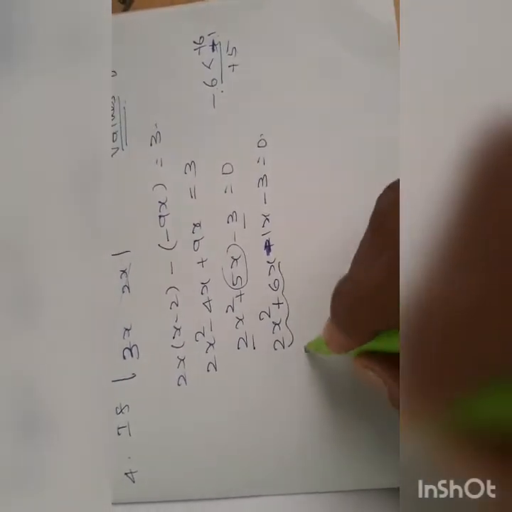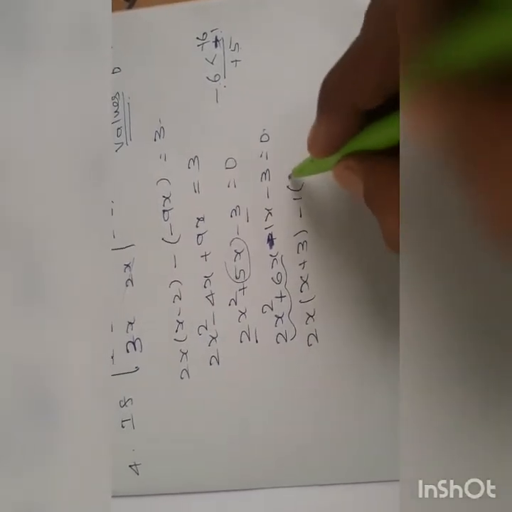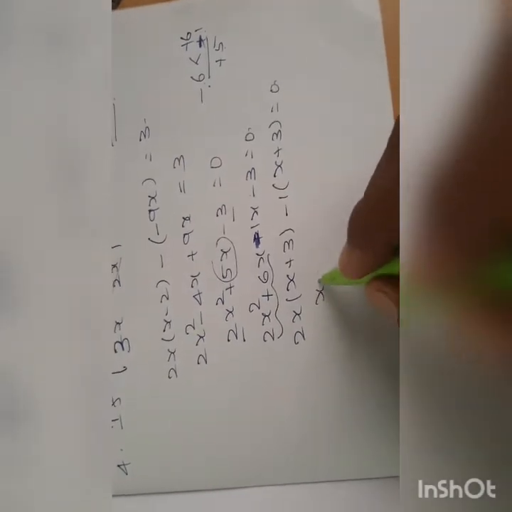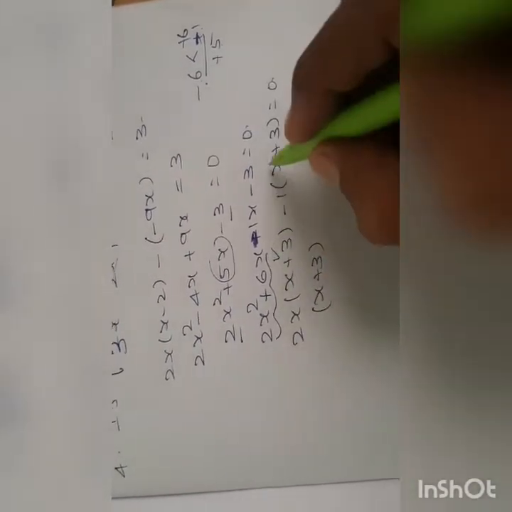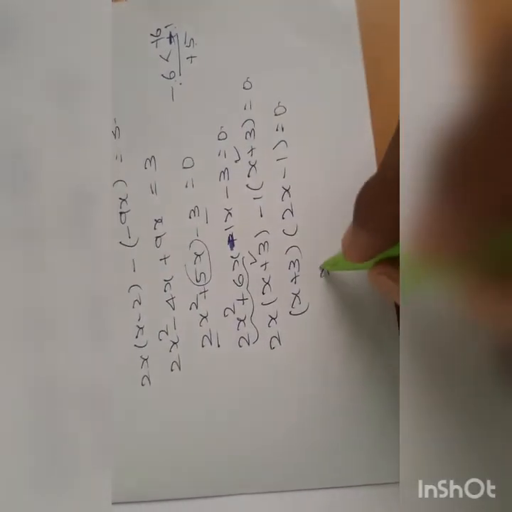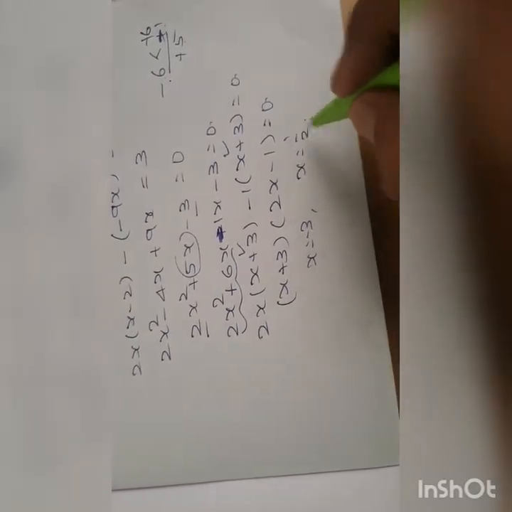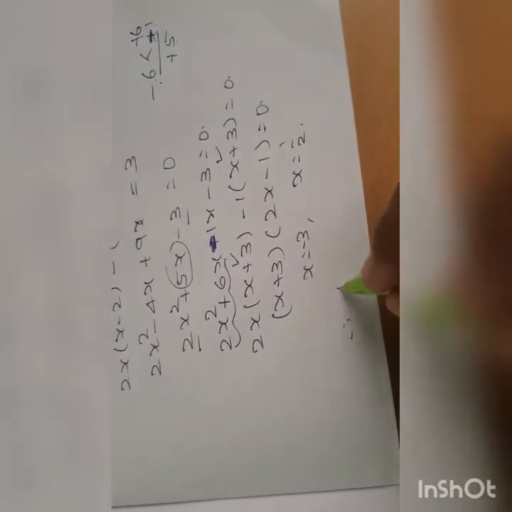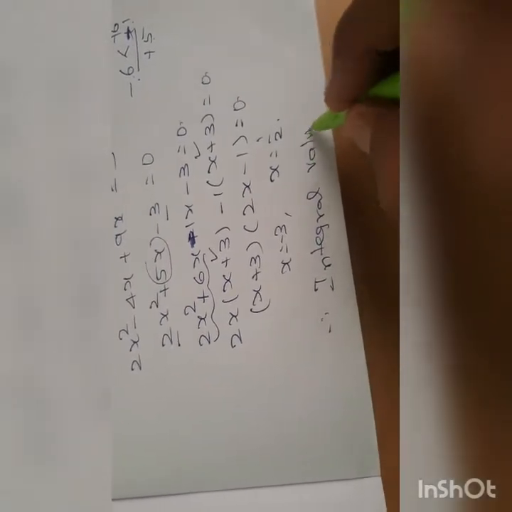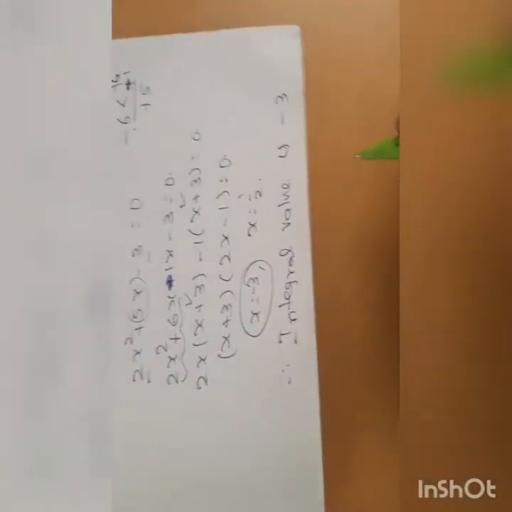Now 2x is common, we are getting x plus 3. Here minus 1 is common, we are getting x plus 3 equal to 0. Taking x plus 3 as common, we are getting 2x minus 1 equal to 0. So either x is equal to minus 3 or x is equal to 1 by 2. But they are asking for the integral value. So the integral value is minus 3. 1 by 2 is not an integral value.